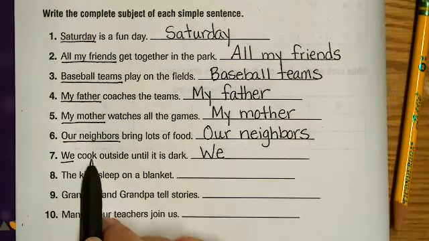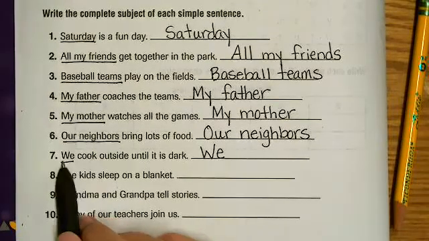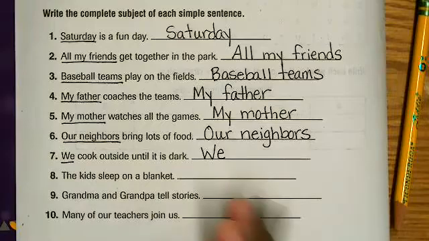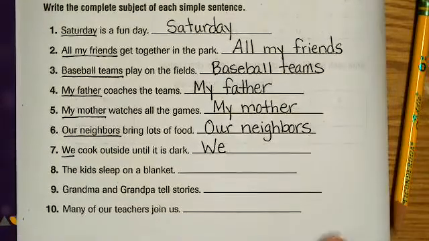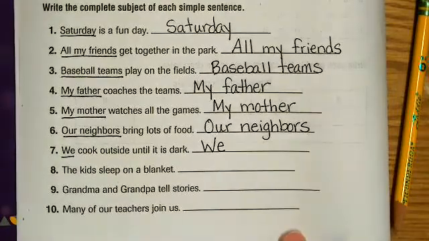Cook is the part that tells us what we do. The subject is we. Now, if you haven't paused the video to try some on your own yet, do it now. See if you can do 8, 9, and 10 without my help. So pause it, try 8, 9, and 10, and then play again to check your answers.